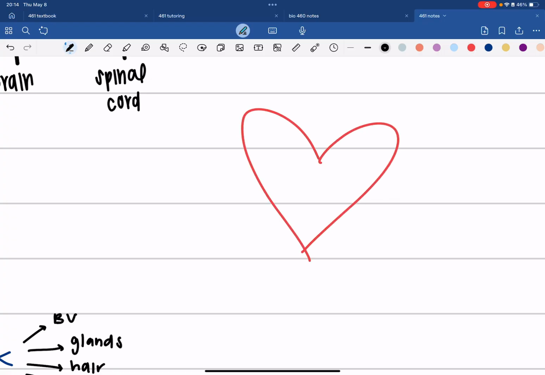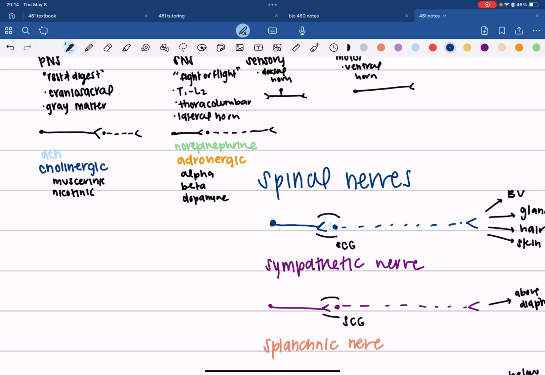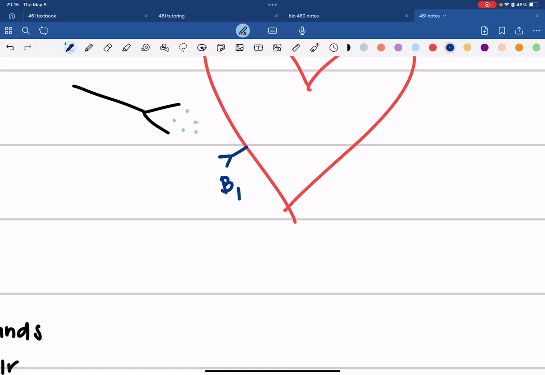So if I was having a sympathetic response, I'd be releasing norepinephrine from my postganglionic neuron, and it would be reacting to one of my adrenergic receptors. In this case, it's going to be one of the specific beta ones. It's going to be a beta 1 receptor. And that result would be an increased heart rate.